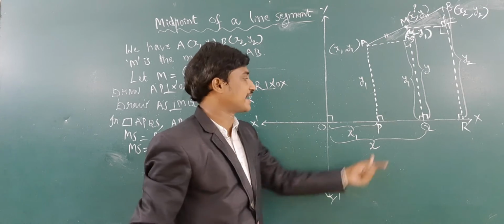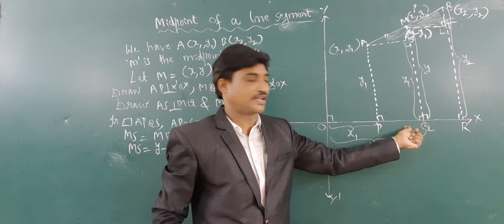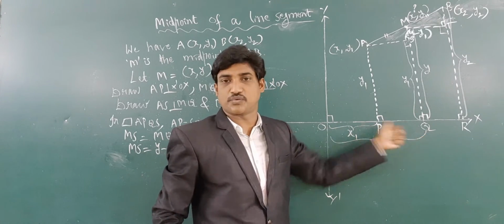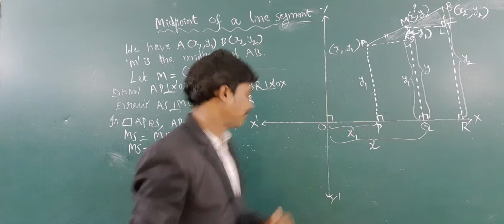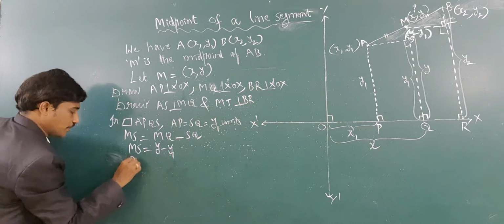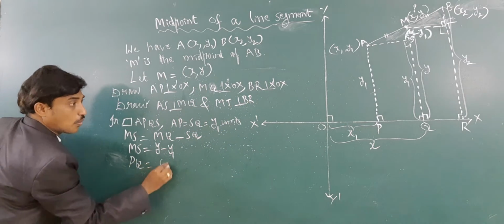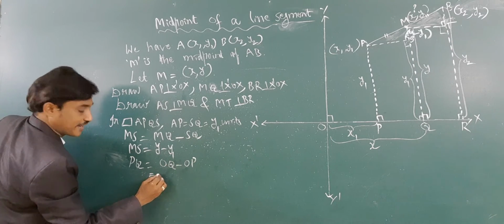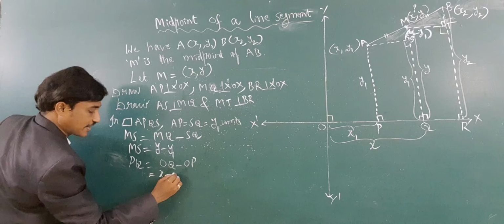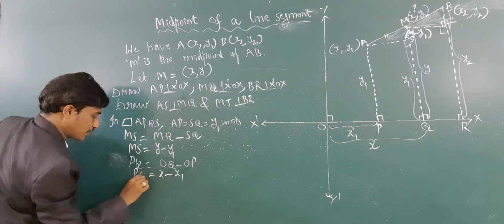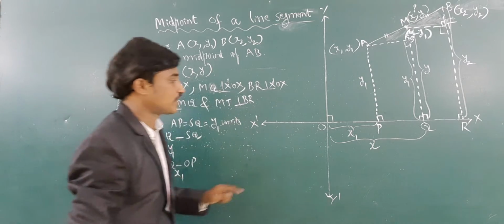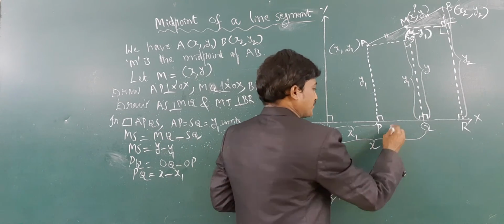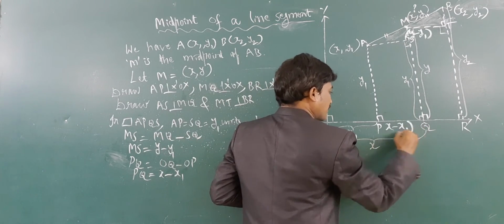From this we can come to know PQ is OQ minus OP. OQ is x units and OP is x1 units, so PQ length is x minus x1 units.